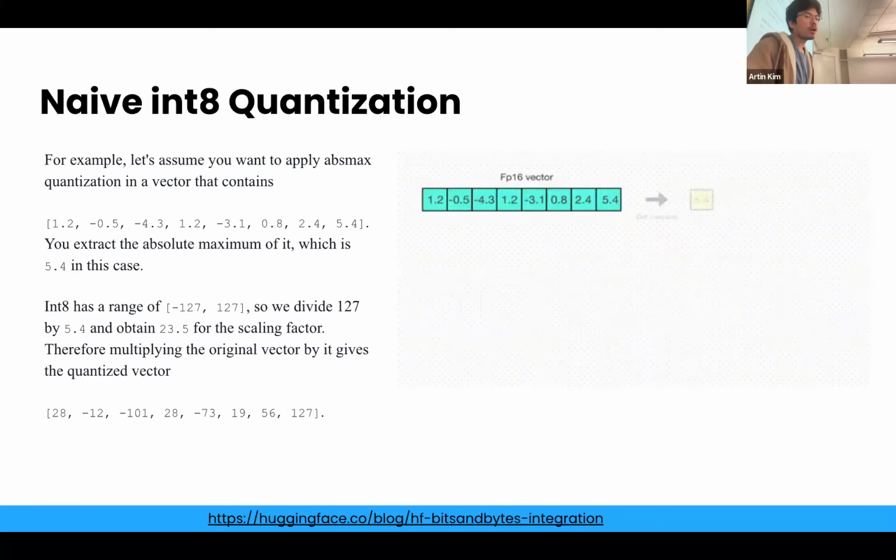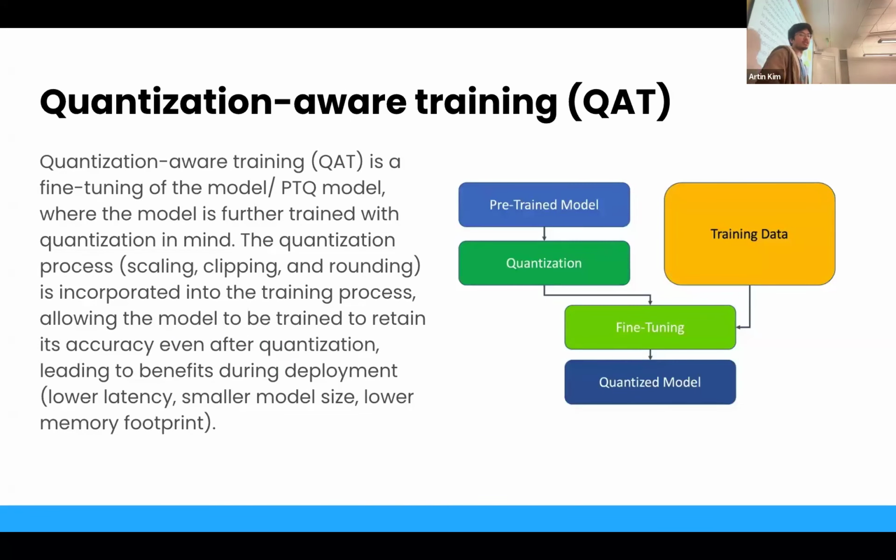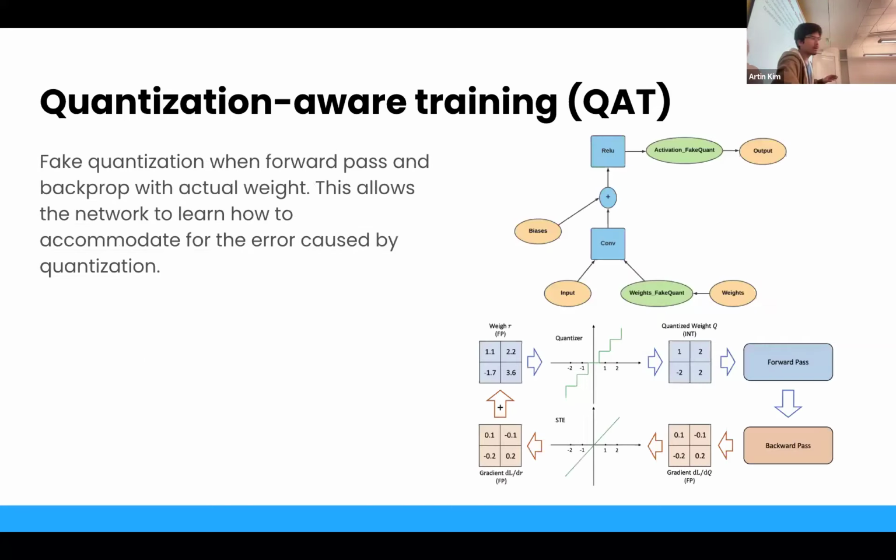And if you want to go further, you can do quantization aware training, where you fine-tune the model a little bit more so it learns how to account for that error introduced. It makes the model more invariant to small shifts in the values of the weights, because that's what happens when you do quantization. It learns how to account for the quantization error.